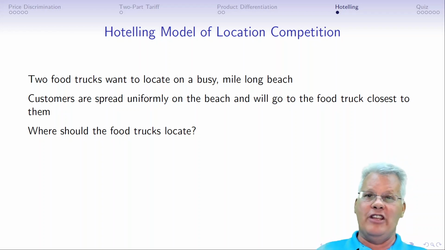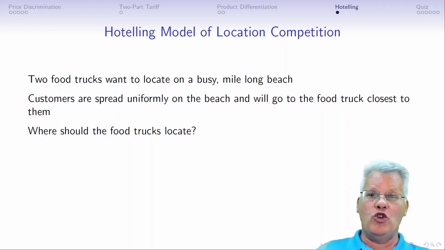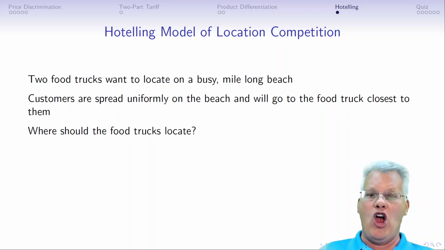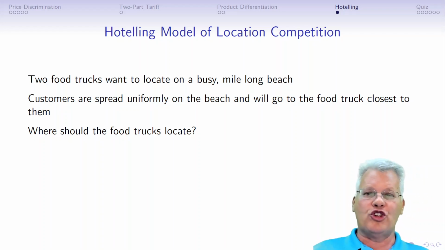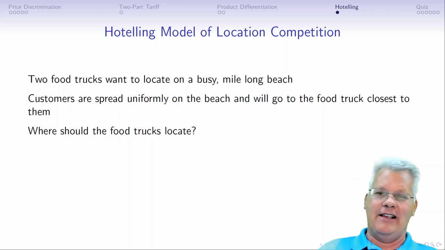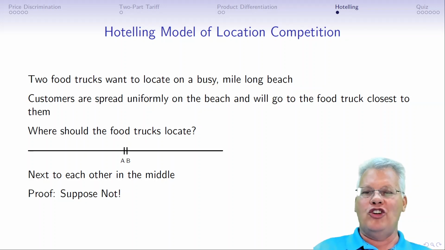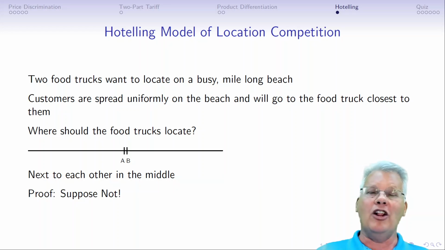So suppose that beachgoers are uniformly distributed over this beach, and customers will go to whichever food truck is closer to where they are on the beach. Where should the two food trucks locate to maximize their profit? And I submit, somewhat counterintuitively, they should locate right next to each other in the middle.